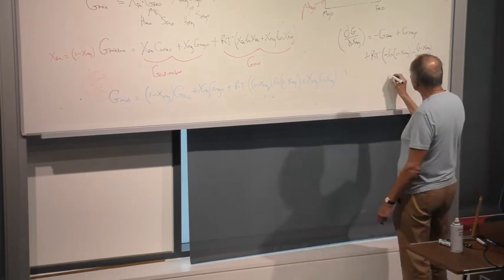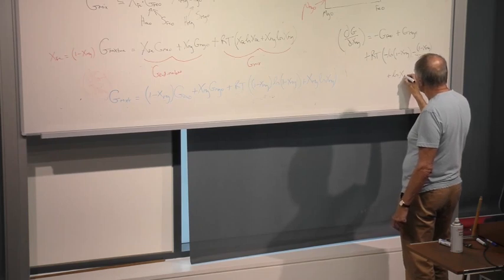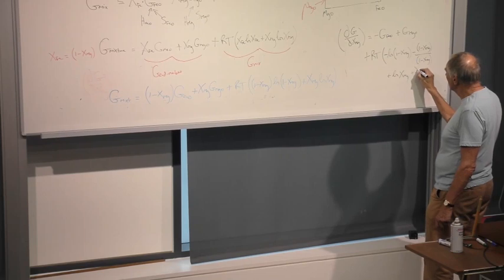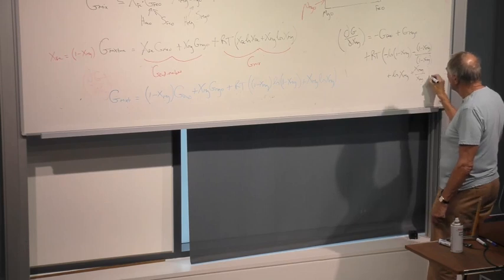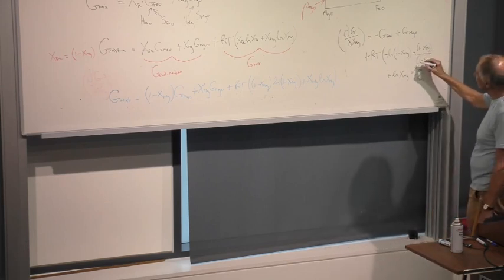Plus ln xMg plus xMg over xMg. So that's plus 1, that's minus 1, so that disappears.